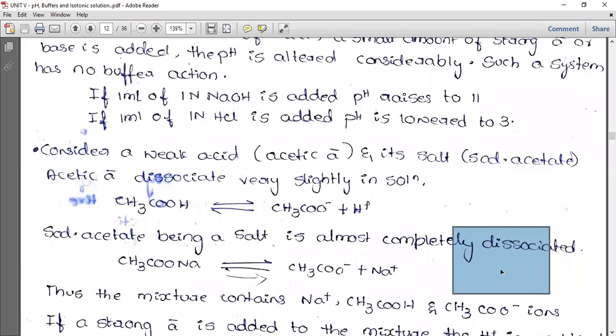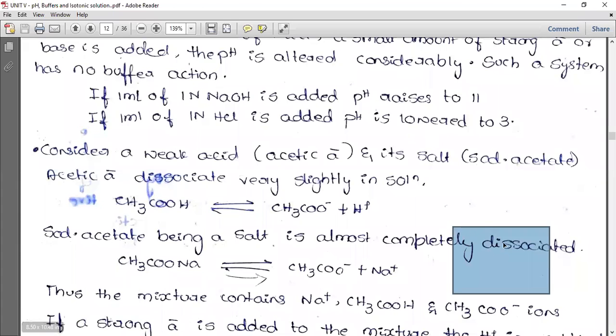So in general, if I'm adding sodium acetate and acetic acid, since acetic acid partially dissociates, I have acetate ion and H plus ion. And since sodium acetate dissociates completely, I'm having acetate ion and sodium ion. So in this particular beaker, I'll be having acetic acid because it's partially dissociating. So I'll have acetic acid, acetate ion and H plus ion from acetic acid, and acetate ion and sodium ion from sodium acetate.